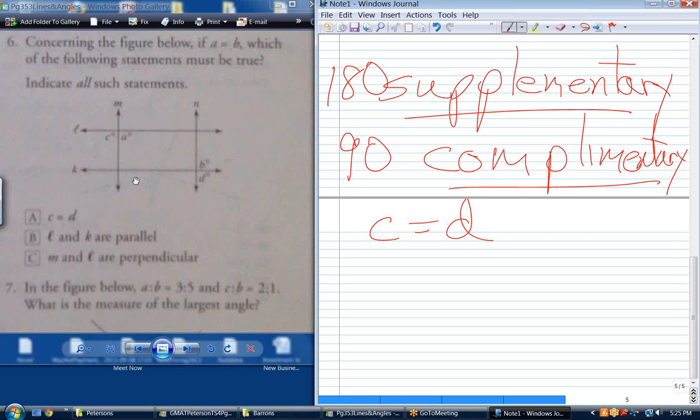Can we draw this picture without making these two lines parallel? Let's see if I can do it, and make A and B equal to one another. Aha, I did it.